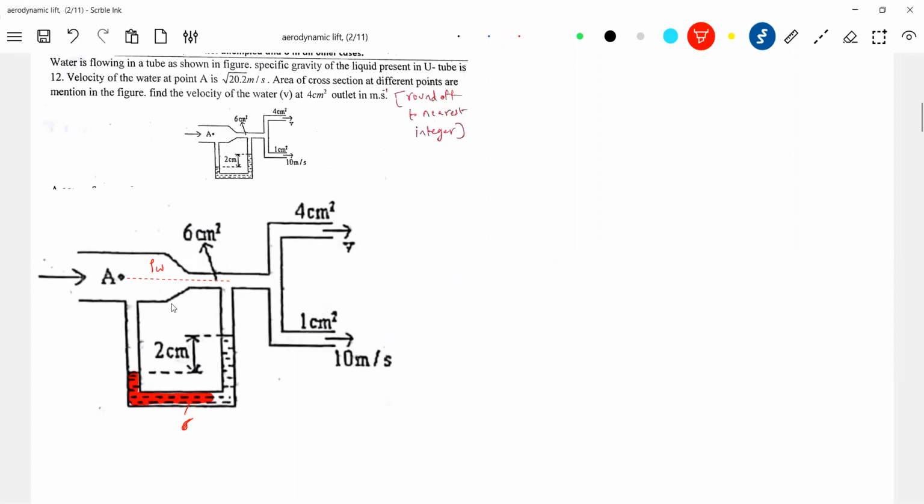It's a very good problem. We don't have anything here except the equation of continuity and Bernoulli's, nothing big, so don't get scared. This is some liquid of density sigma. This is the water which is flowing here.